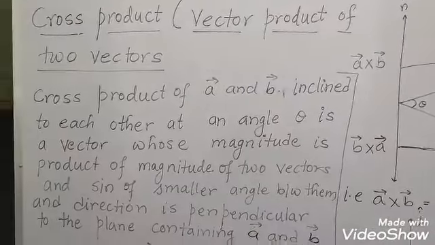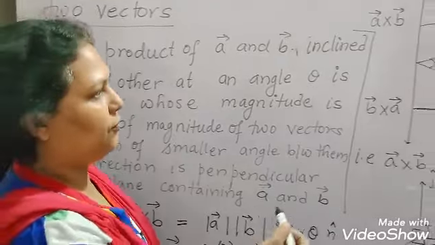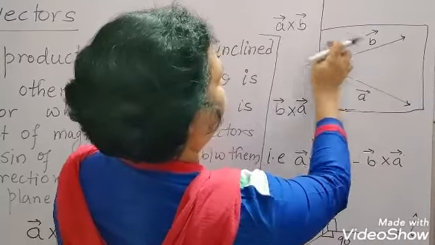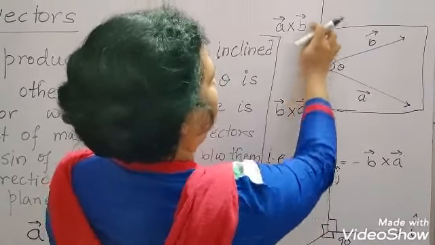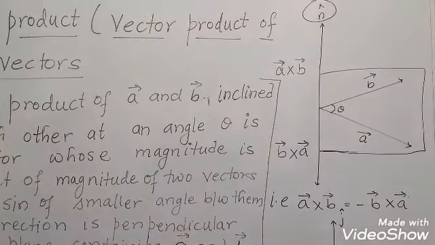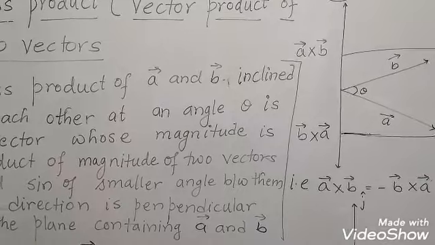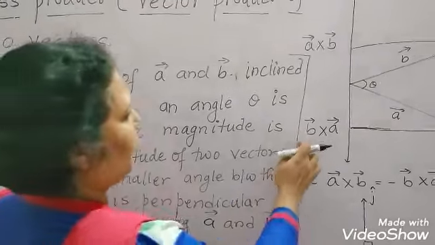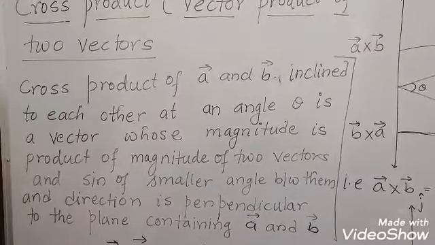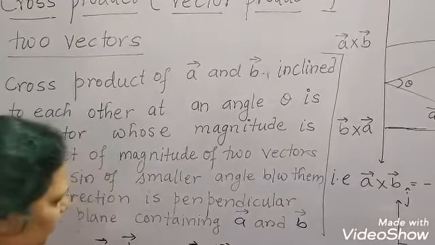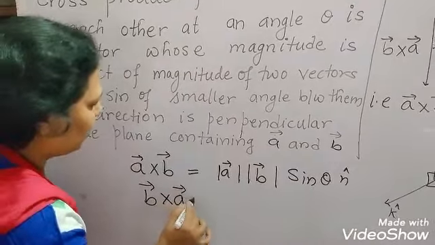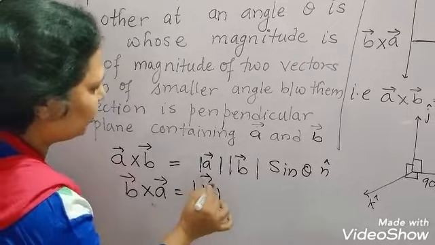Now you can find here, as in the figure I have mentioned, this is A cross B, in this direction, and this is the unit vector represented in this direction. But if I change the order, B cross A, you can see what happens. Obviously the magnitude will be there.